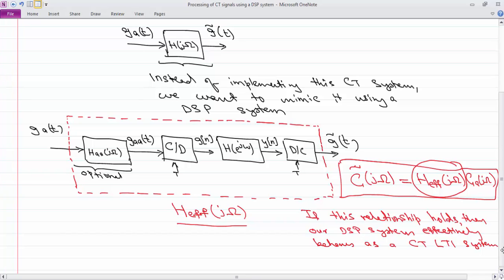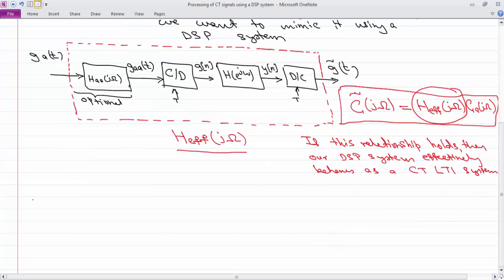Okay? Because we know that continuous time LTI systems in frequency domain, their effect on input frequencies is multiplication with some Fourier transform. So how do we make our DSP system behave like an effective continuous time LTI system is what we are really interested in.